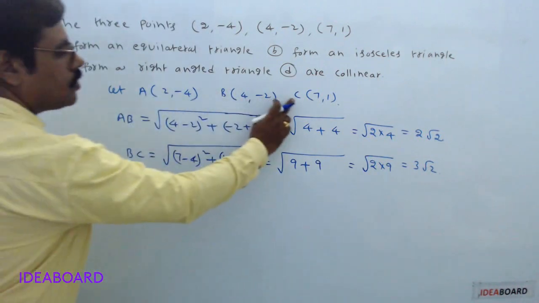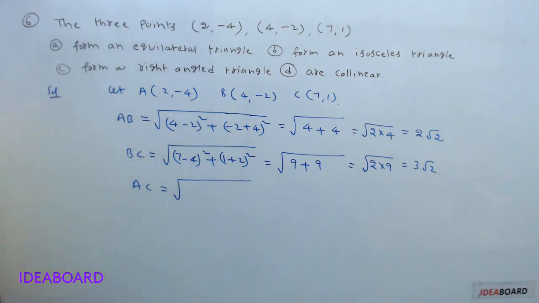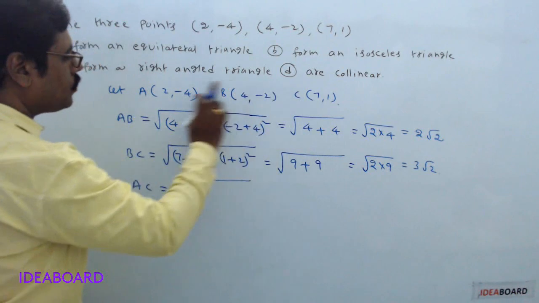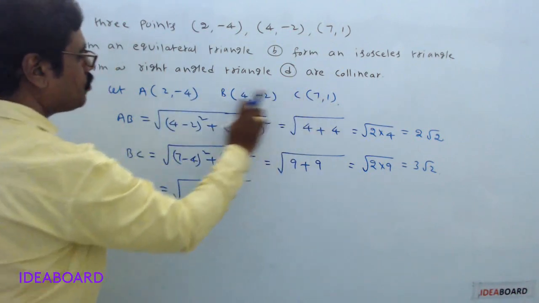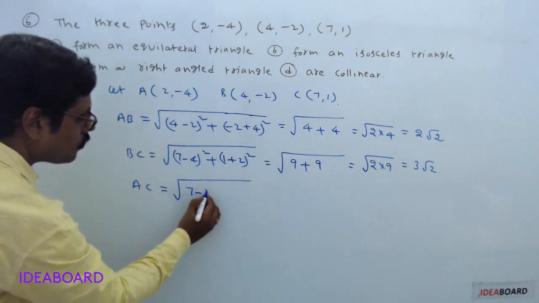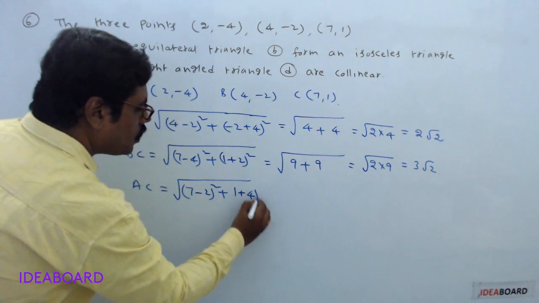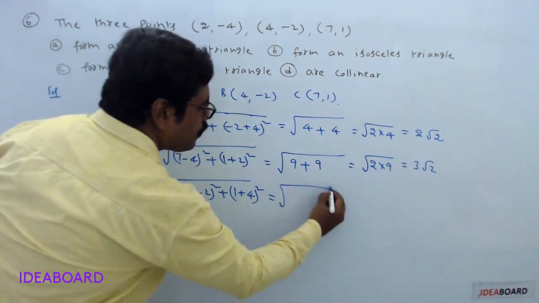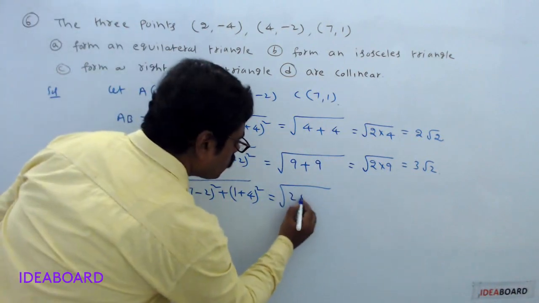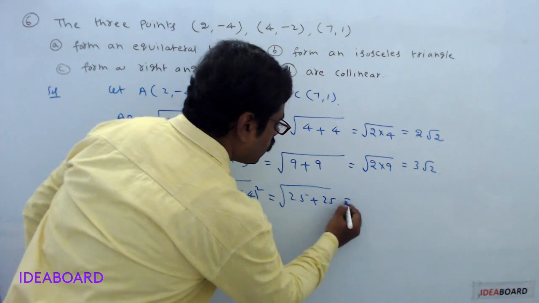Then calculate the length of AC. AC equals the square root, by the distance between 2 points formula, of the difference of x coordinates whole square plus the difference of y coordinates whole square. So (7 minus 2) whole square plus (1 minus of -4, that is 1 plus 4) whole square, equals the root of 5 square, 25, again 5 square, 25.